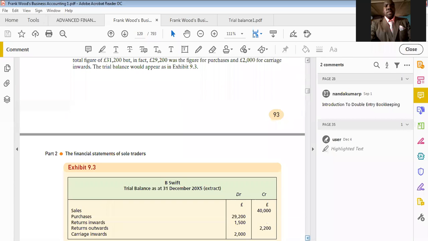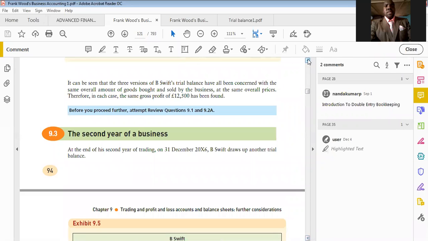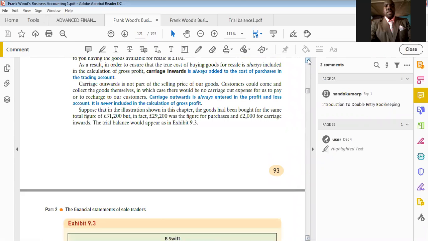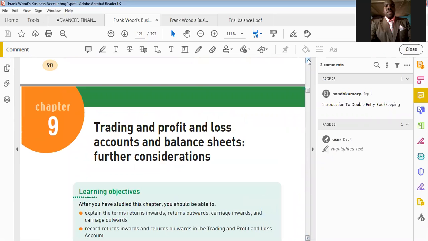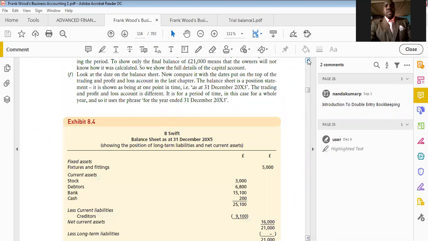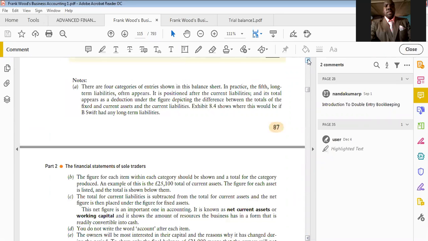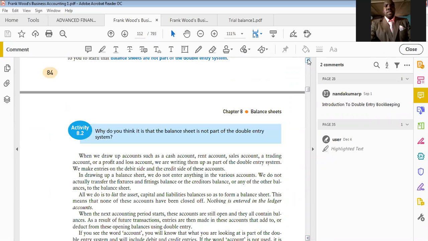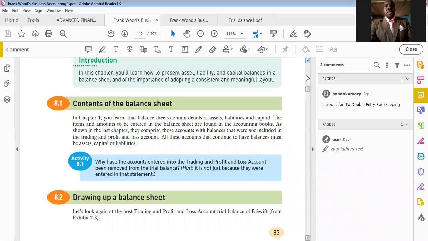This one is for later on, not for now. All right. Back to the balance sheet now and move from there. So this morning we will look at balance sheets. All right. Sorry about that.